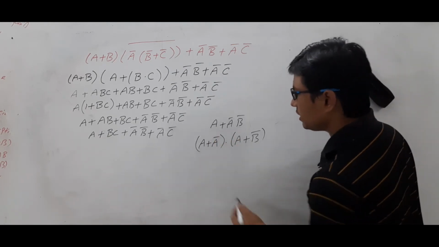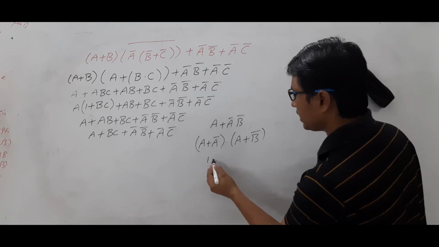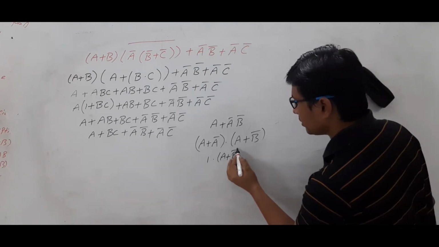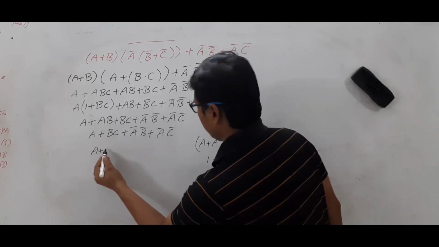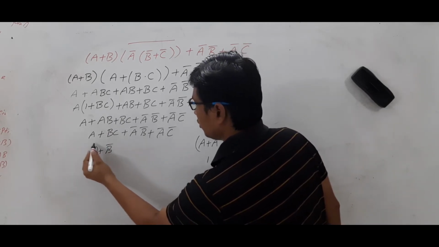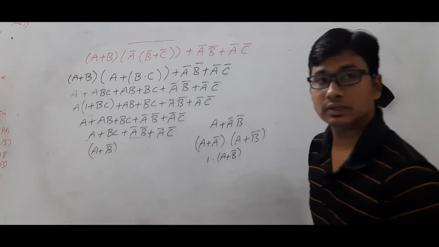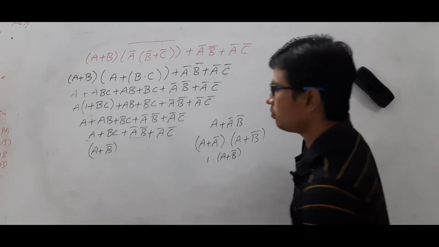So A + A' will become 1. So 1 and (A + B') will be equal to A + B'. I hope you have understood how I simplified this. Is it clear? So I got A + B'.